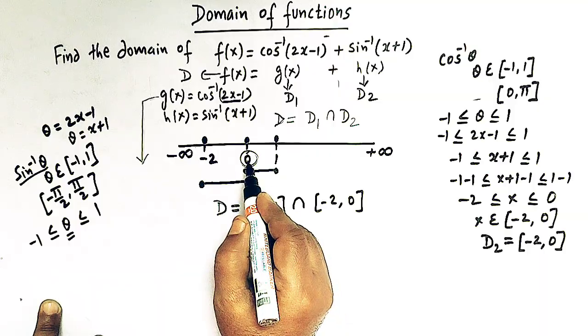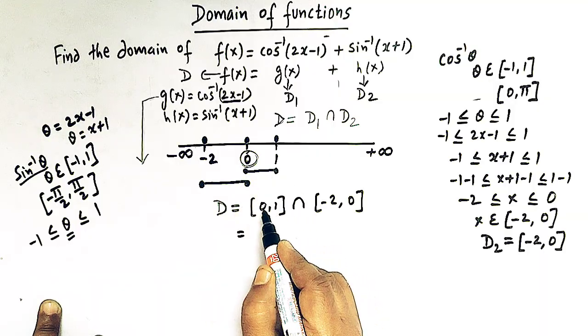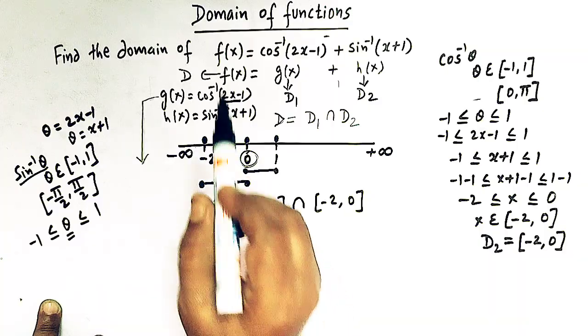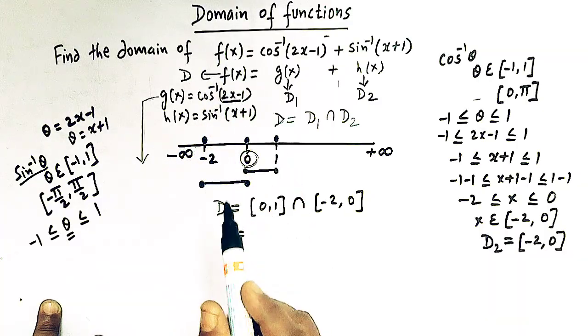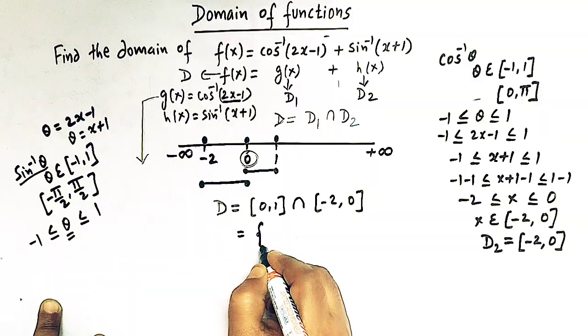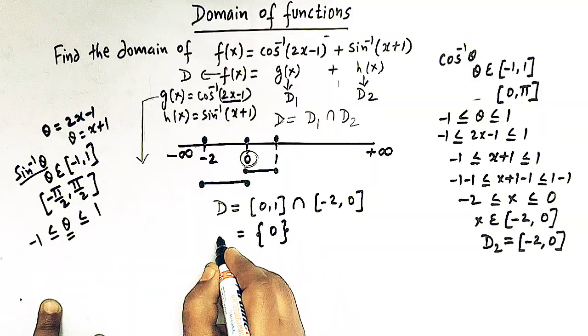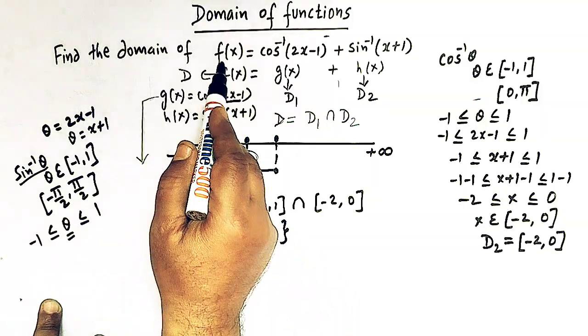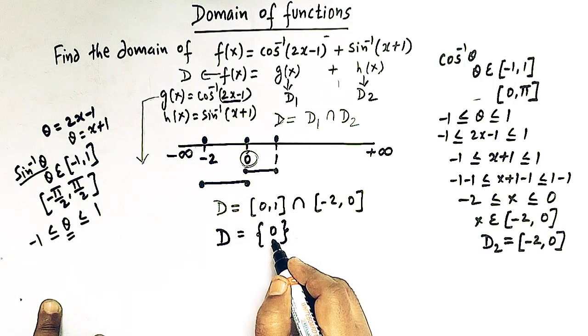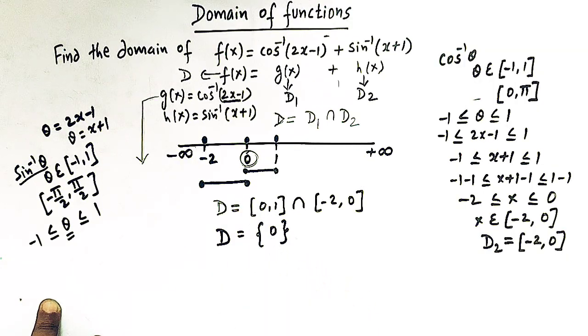And the point is 0. So 0 is included in both the domains. So here the domain of f of x consists of only one point, right? So here we have only 0. So the domain of this function f of x has only one real number, that is 0.